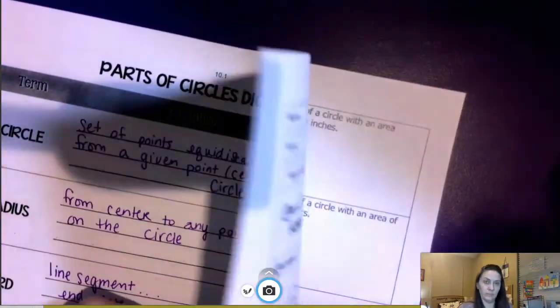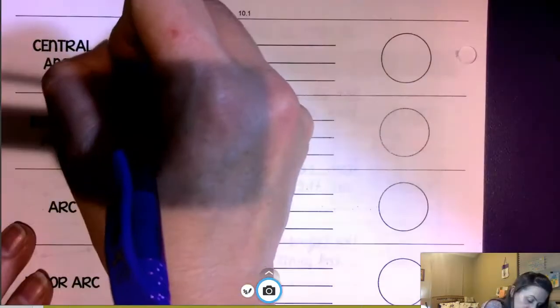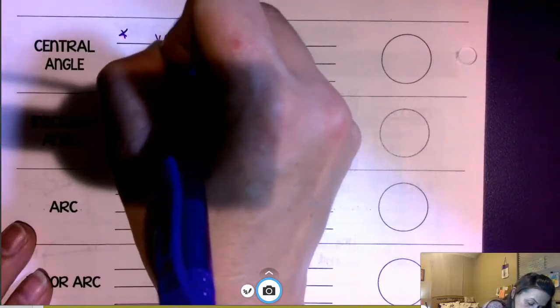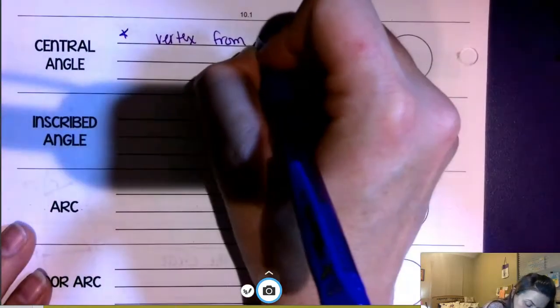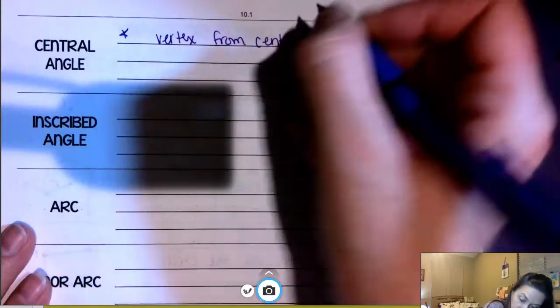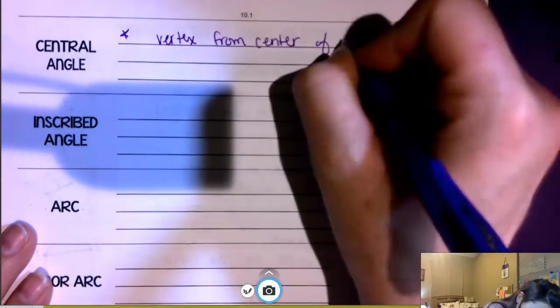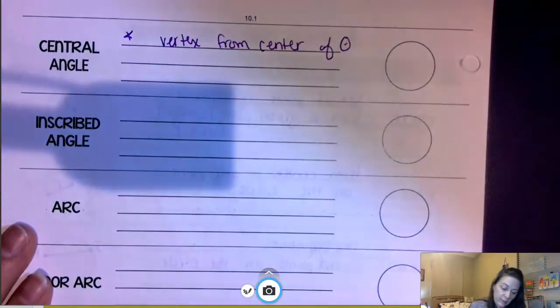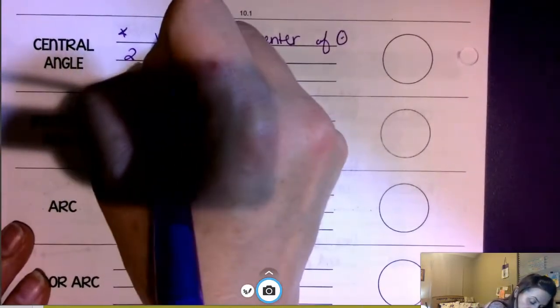We're on the next page. Central angle is going to be an angle where you have a vertex from the center of a circle. So I'm going to draw a circle. From a circle, and the two sides are radii.